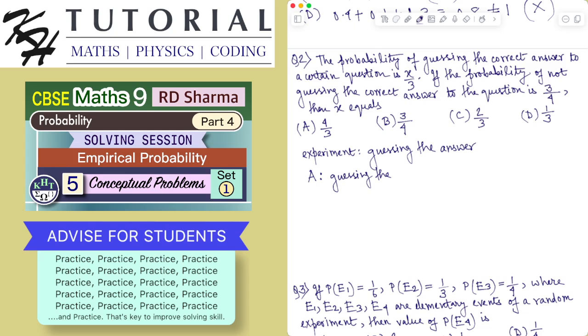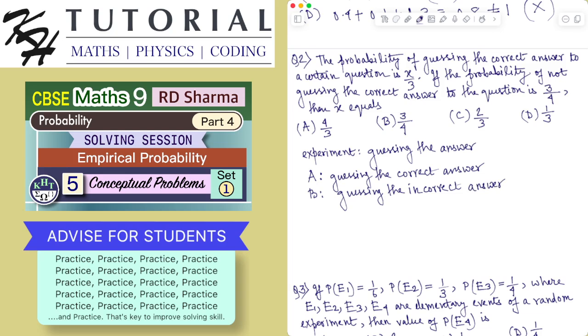One elementary event is guessing the correct answer, and the other elementary event is guessing the incorrect answer. So these are the two elementary events of the random experiment of guessing the answer.